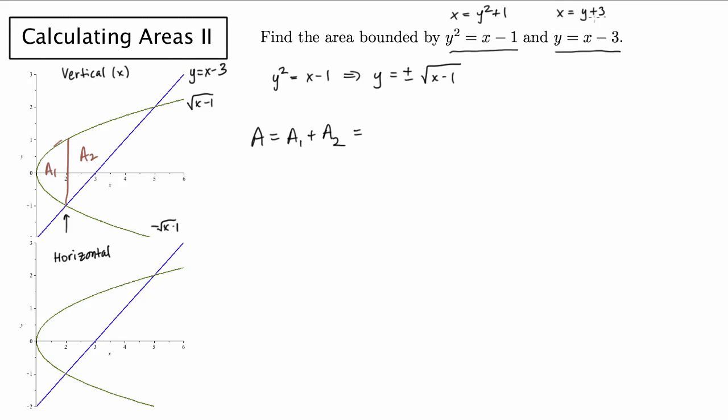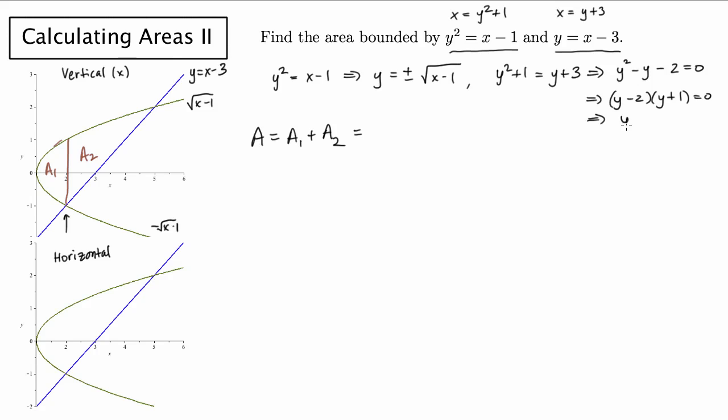Now I can set the two x's equal to each other, and so I can solve by setting y squared plus 1 equal to y plus 3. Doing a little bit of algebra here, I can quickly arrive at this answer. So that would need to be 0, which implies that we should get y minus 2 times y plus 1. That's how it factors.